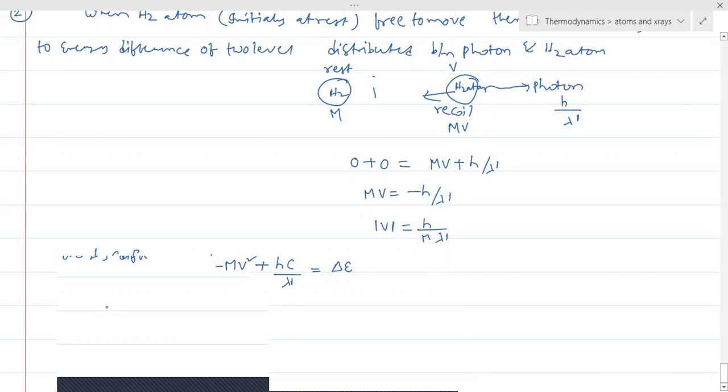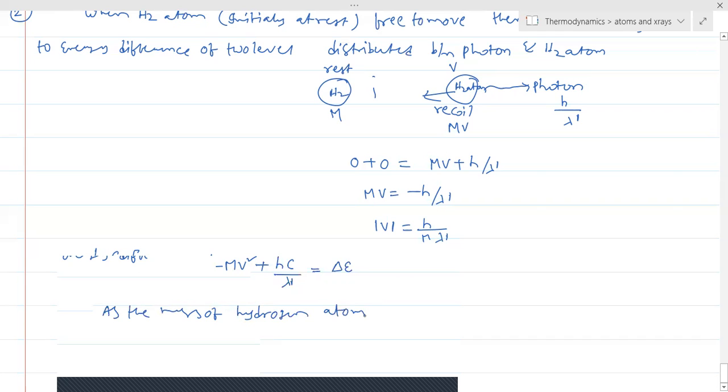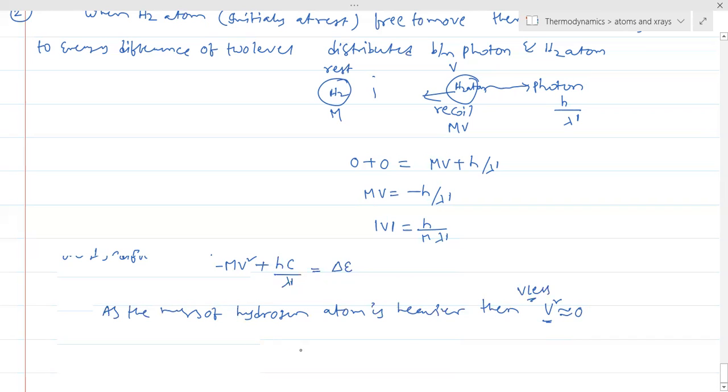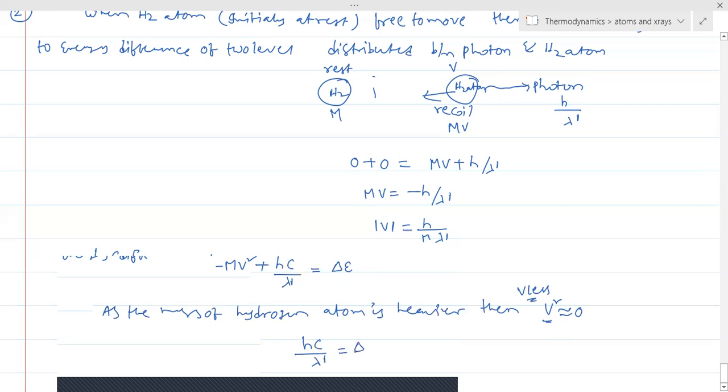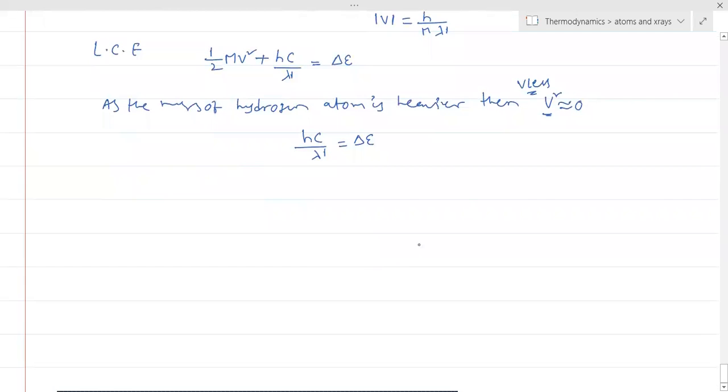But here, as the mass of the hydrogen atom is heavier, its recoil speed v square can be neglected. That means v is small, so v square can be neglected. This is very important. hc by lambda dash is equivalent to delta E.